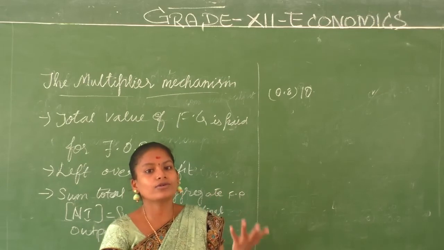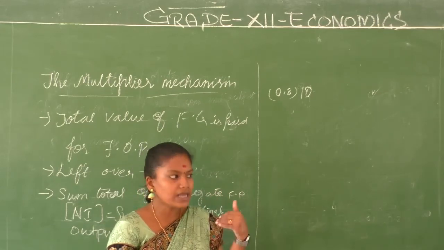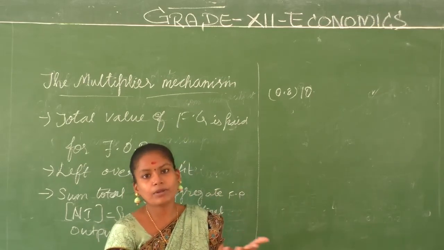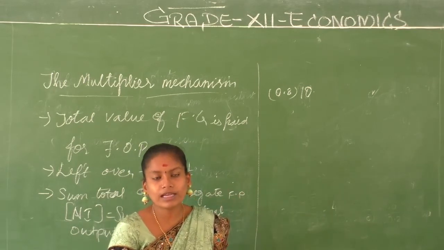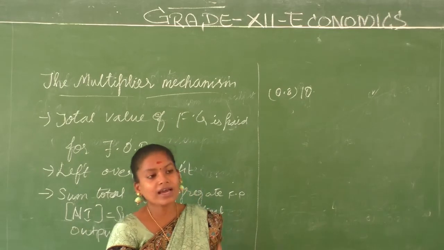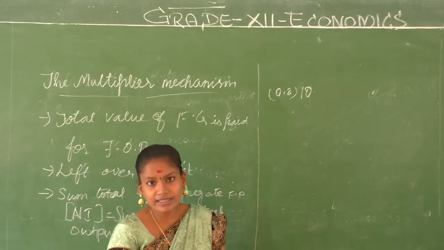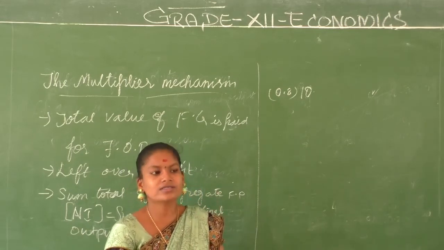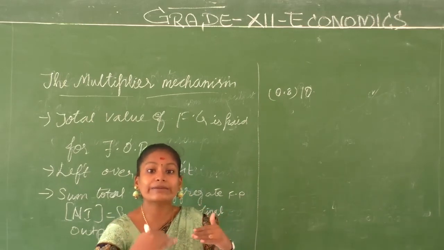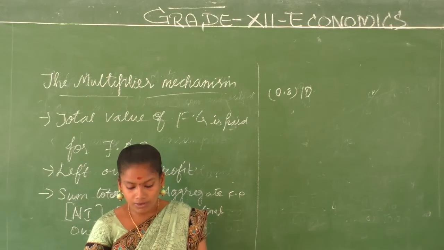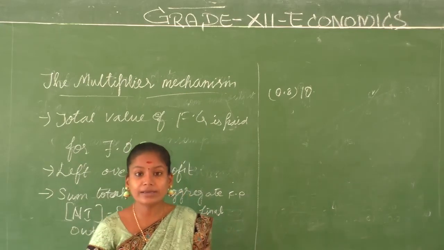When 10 more units are produced, again people will get 10 more units of income. Again they'll go for more consumption. Again the demand will increase. Again the firm has to produce. So it will go round after round and it multiplies. That is why it is called a multiplier mechanism.